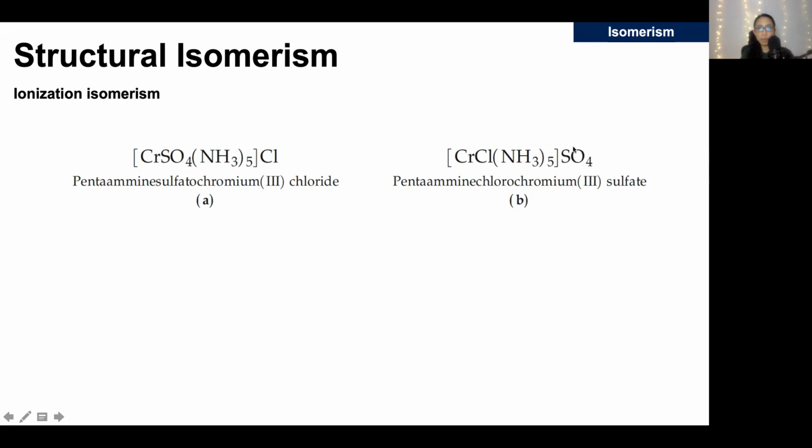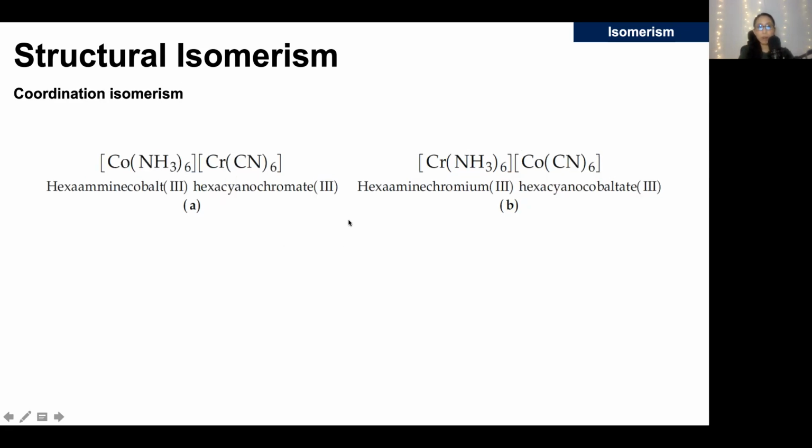Both of them have the same composition, same elements, same number of elements, but they differ in the way your ligands attach or your ion. Is the ion part of the complex or is the ion the one that neutralizes the charge of the complex? That's your ionization isomerism.